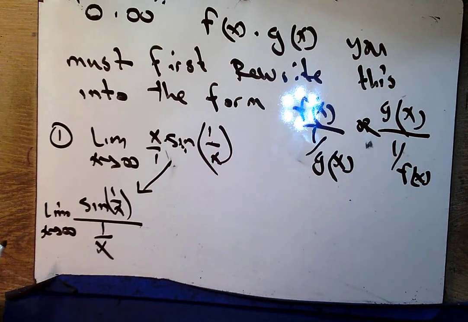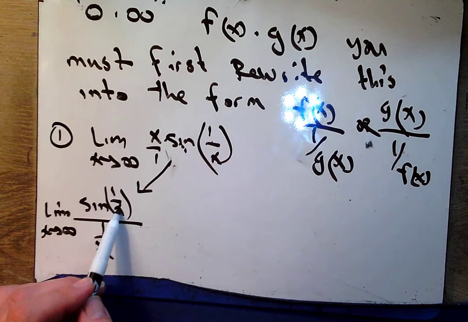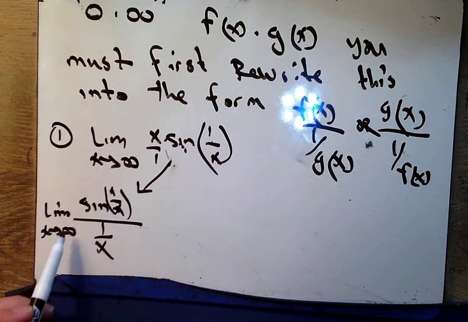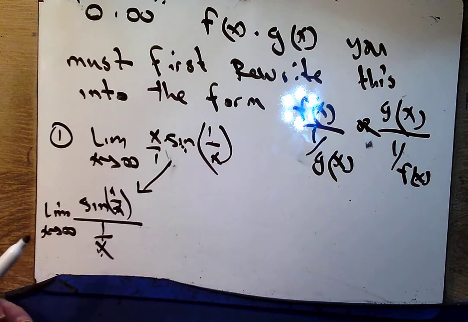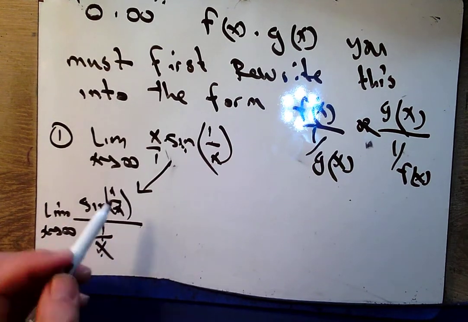So it's the limit as x goes to infinity. Okay, so now when I plug in infinity here, 1 over infinity is 0, sine of 0 is 0, and 1 over infinity is 0. And so I have 0 over 0.